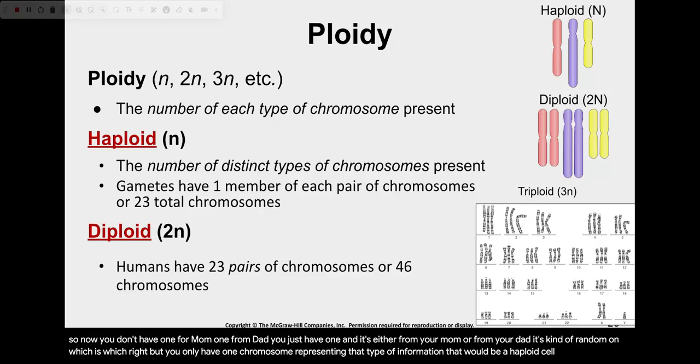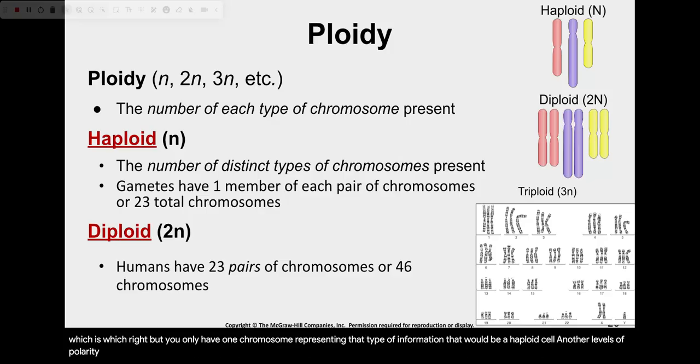Now there are other levels of ploidy. A cell doesn't have to be haploid or diploid. There are cells out there that could be triploid. In humans, it is very rare to have cells that are triploid. But triploid means that for each set of chromosomes, you actually have 3 chromosomes in each set.